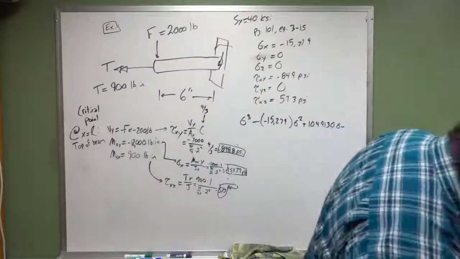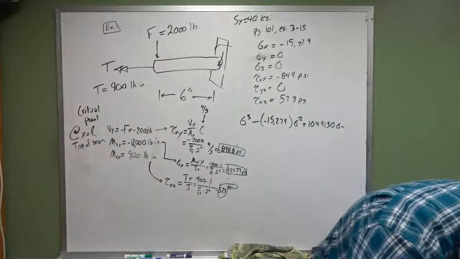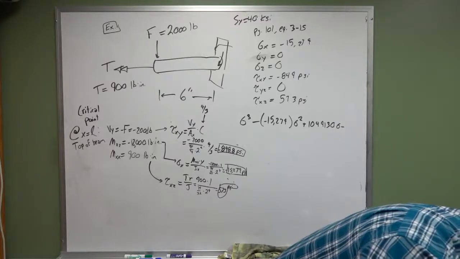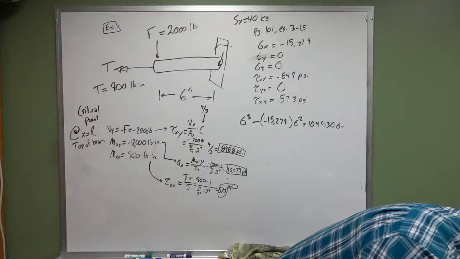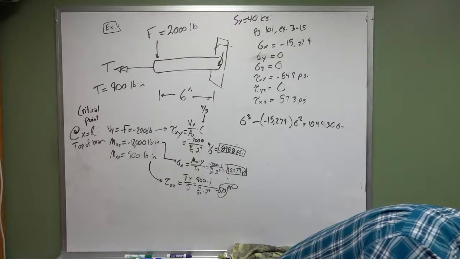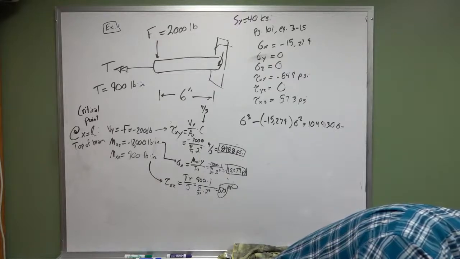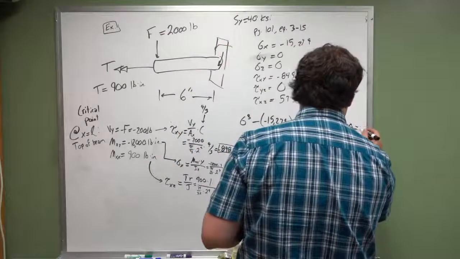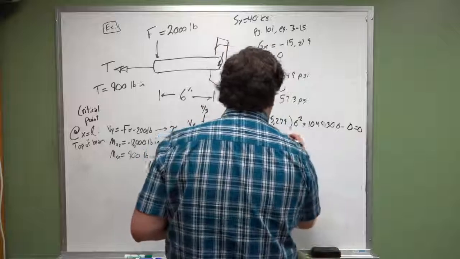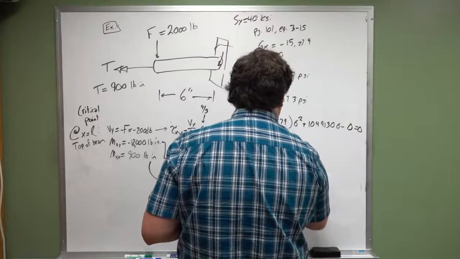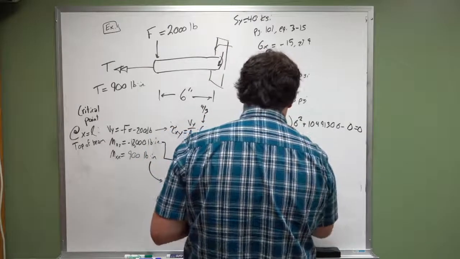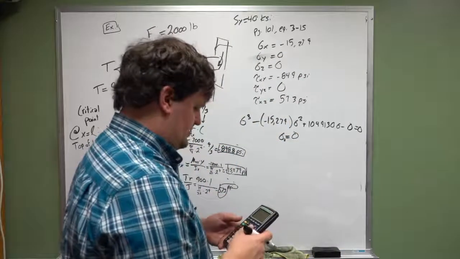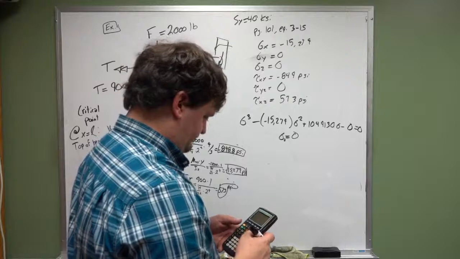Oh, that's fantastic. So we know right away that sigma A is equal to 0. So that's fun. I'm going to go ahead and solve the quadratic formula.